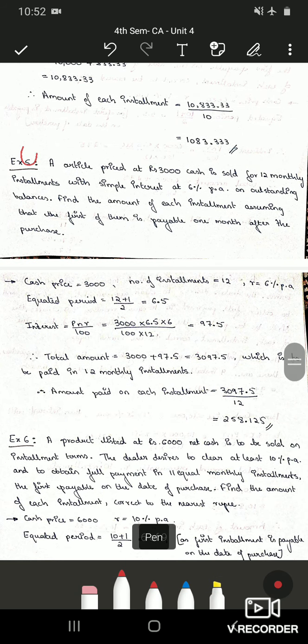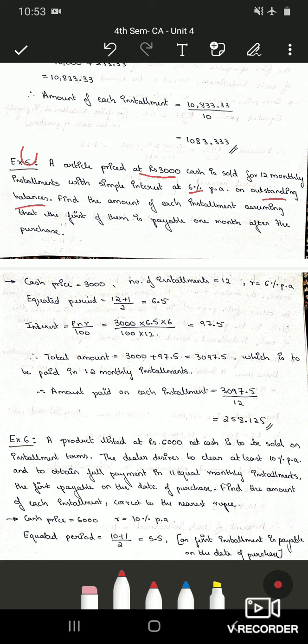So the fifth problem is an article priced at rupees 3,000 cash is sold for 12 monthly installments with simple interest at 6% per annum on outstanding balances. Find the amount of each installment assuming that the first of them is payable 1 month after the purchase. So here again the cash price is given, the number of installments is given, the rate is given, and here they have given outstanding balances.